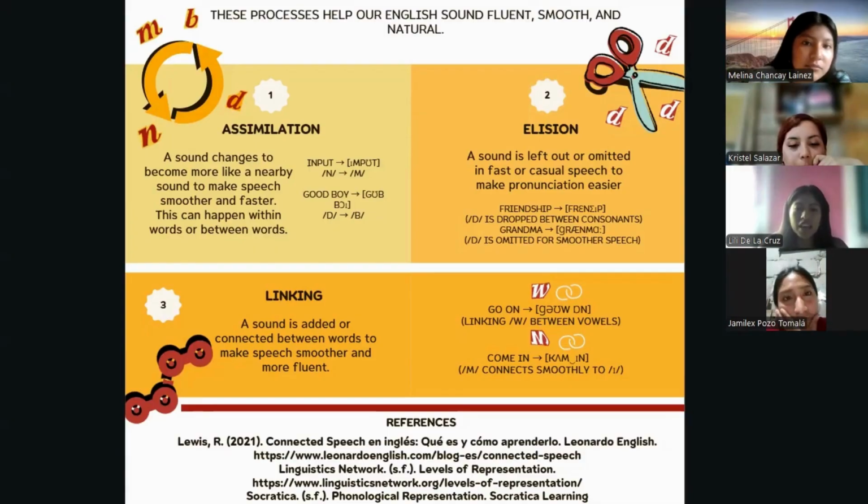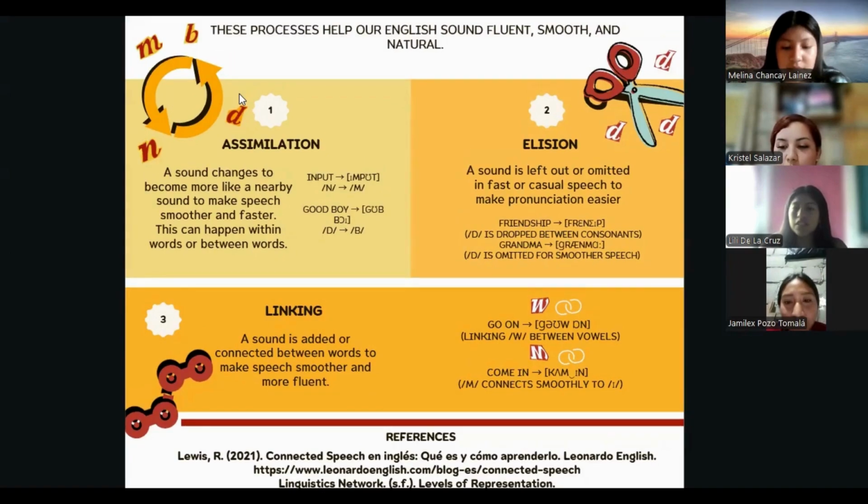It sounds like one word. This helps people speak faster and more smoothly. You'll hear it all the time in everyday conversation. Phrases like turn up, pick up, or go out are some of the reasons English sounds natural.